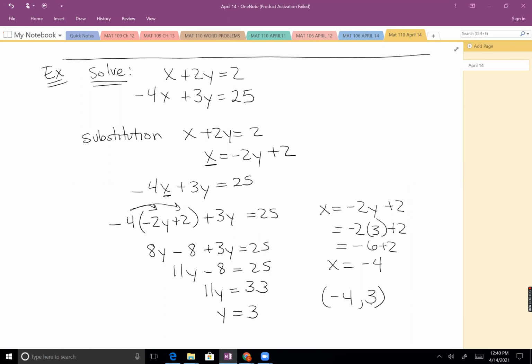Hang on one second. Why do you have negative 2y here? Do you mean here?